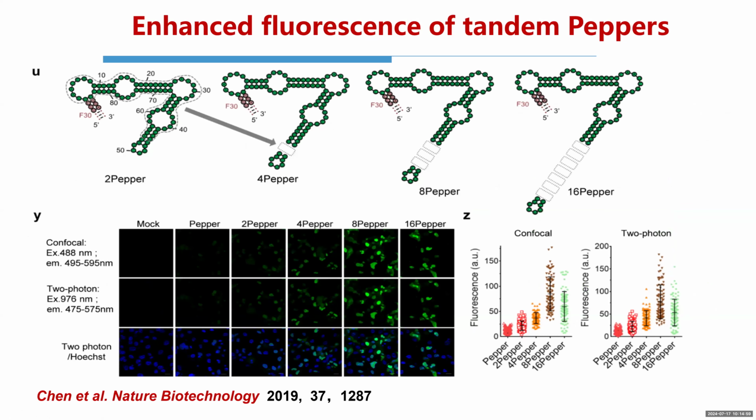We then made Pepper in tandem arrays, which enhanced the fluorescence signal another tenfold. With these combined efforts, cells expressing Pepper fluorescent RNA showed more than 100-fold enhanced fluorescence.